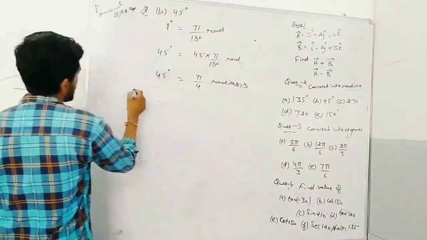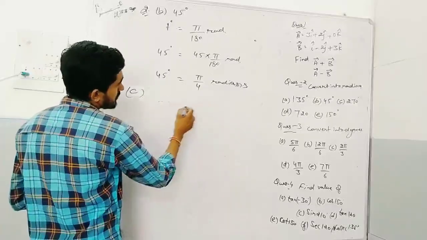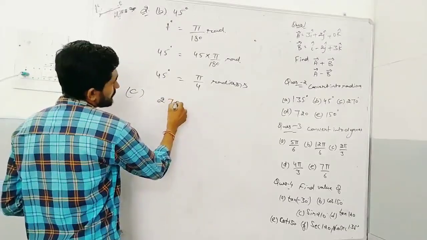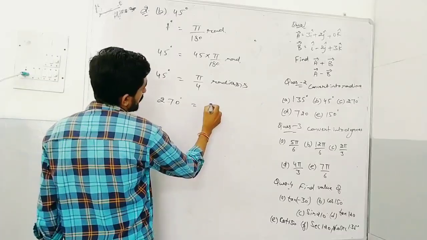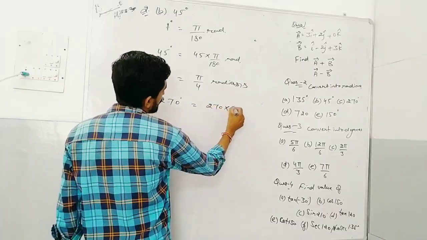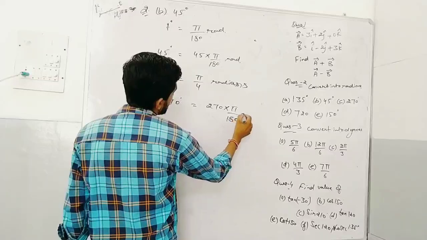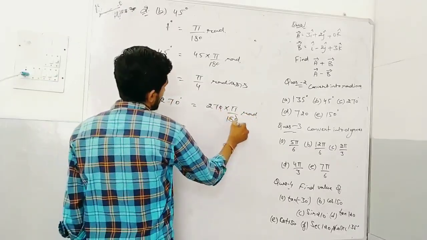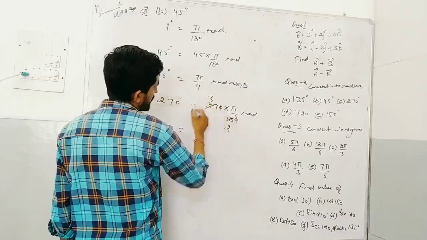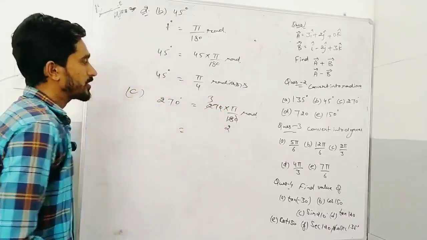And what does C say? C is 270 degrees, equal to 270 into pi upon 180 radians. Cut it down, you can cut it on 9.